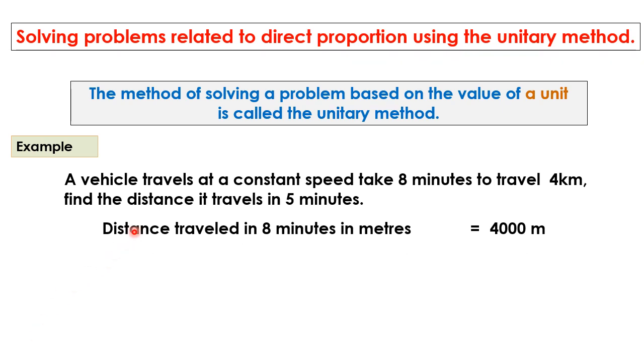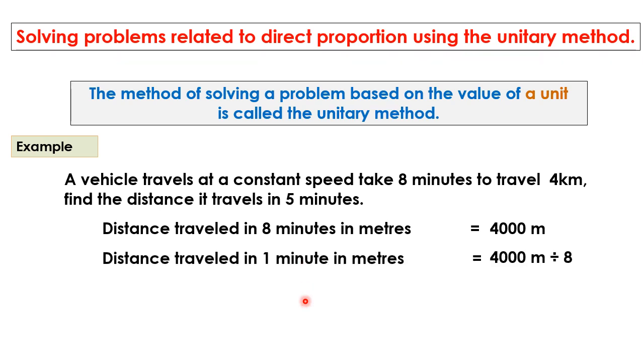Let's write the distance traveled in 8 minutes in meters, 4,000 meters. Let's find the distance traveled in 1 minute in meters. 4,000 divided by 8 gives us the distance traveled in 1 minute, that is 500 meters.